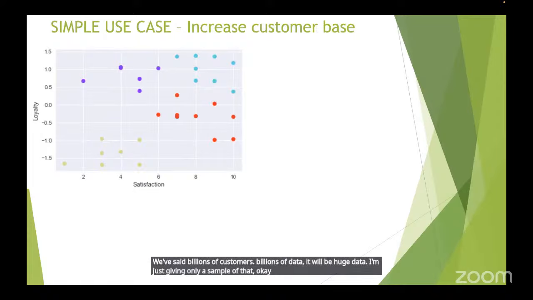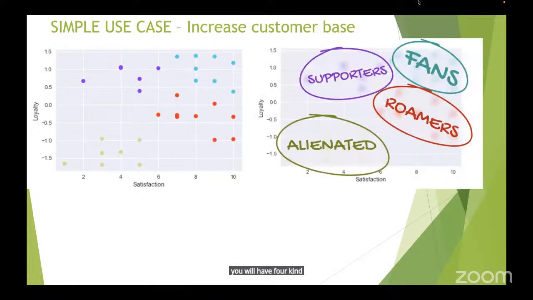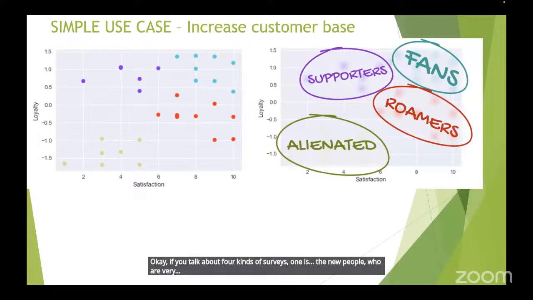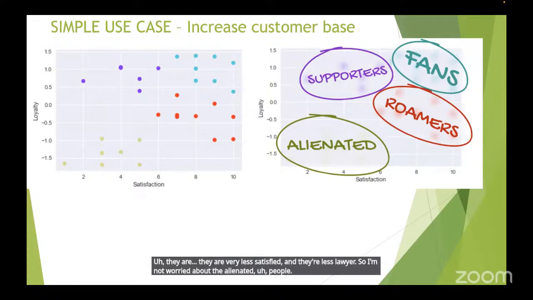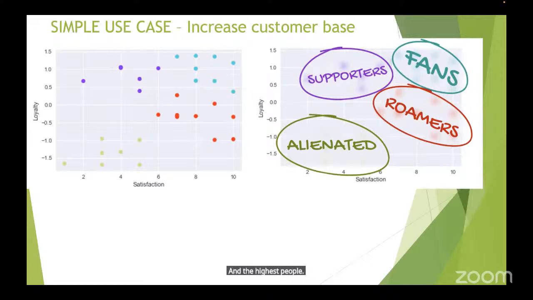Among this graph, you will have four kinds of customers, four kinds of user base. One is the new people who are very new to this particular shop or commerce site. They are less satisfied and less loyal. So I'm not worried about the alienated people. The highly satisfied and highly loyal are the fans. They always come to the same shop.